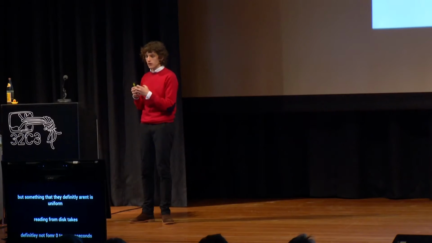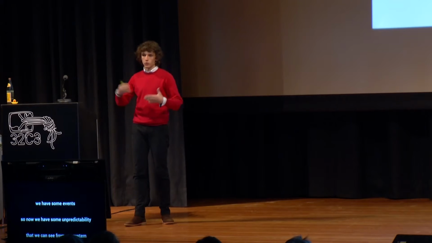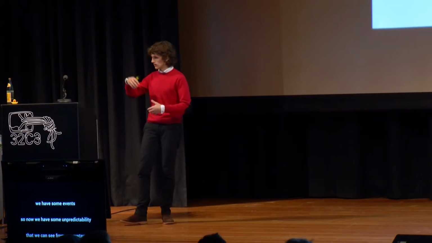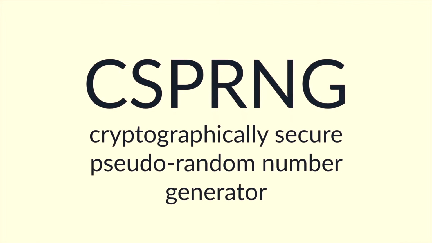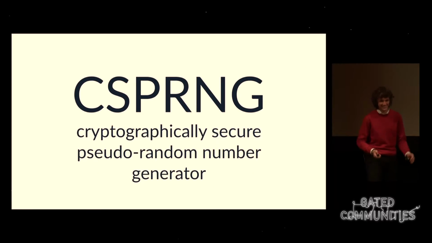So now we have some unpredictability. We have some events that we can see from our system, and we want to turn that into a stream of random bytes that we can use to generate SSH keys and DNS query IDs, etc. Enter a CSPRNG. Cryptographers like their acronyms very long. It's a cryptographically secure pseudo-random number generator. It's not that hard to pronounce. Okay, it is.